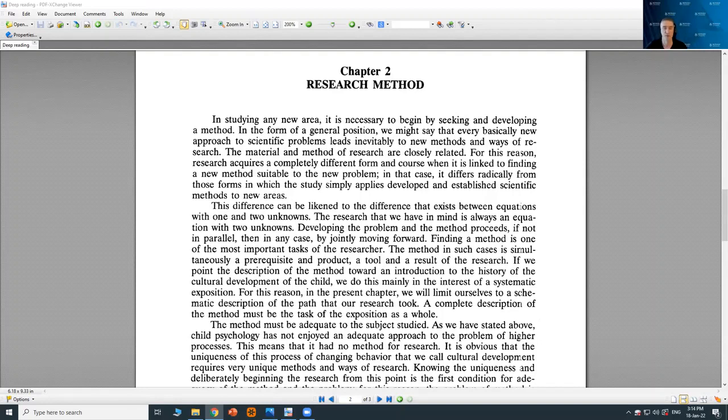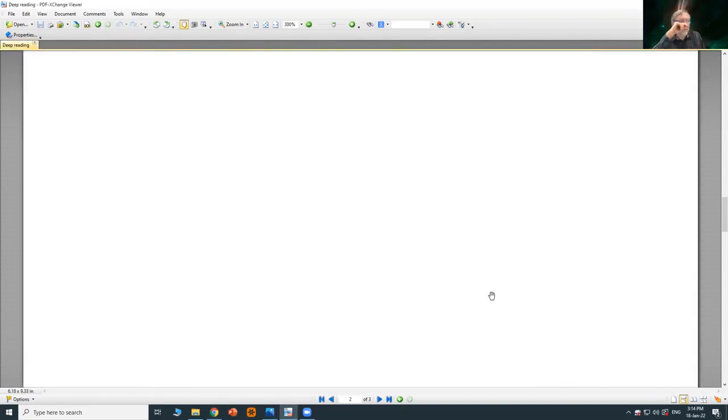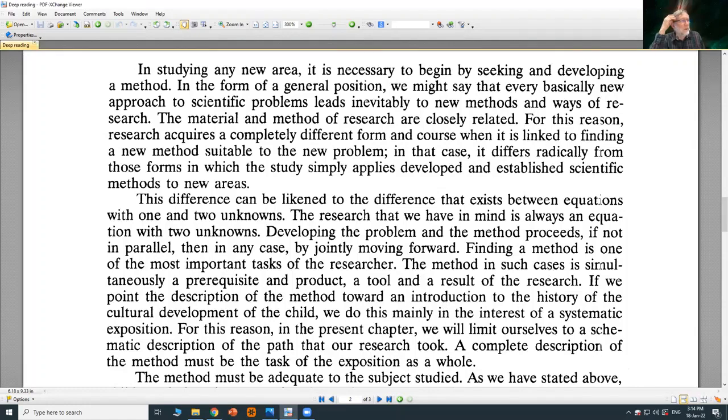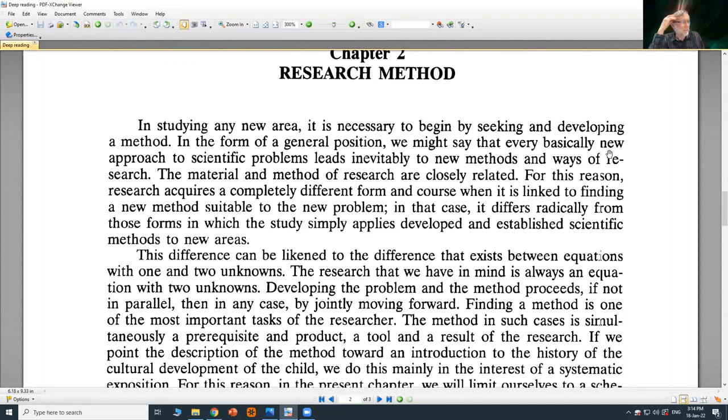So the first sentence is: as Nikolai zooms in studying any new area, it is necessary to begin by seeking and developing a method. There are two crucial parts to this sentence, or three actually, which I think is quite interesting.